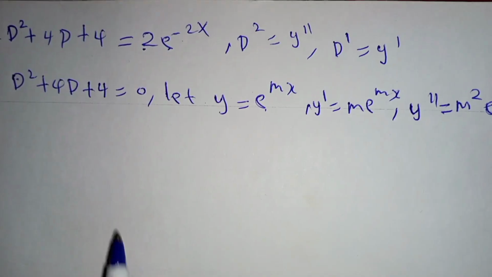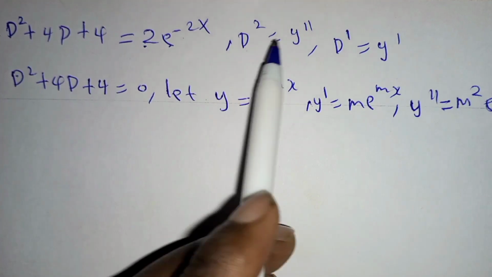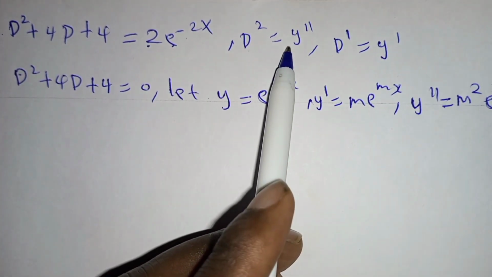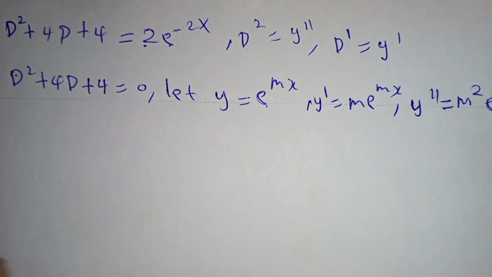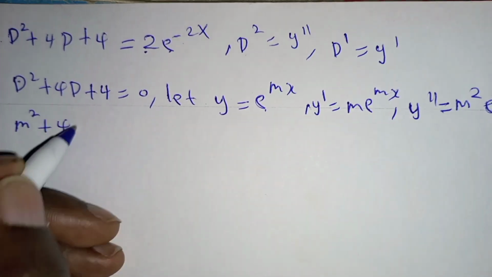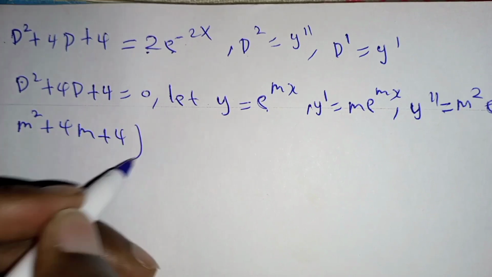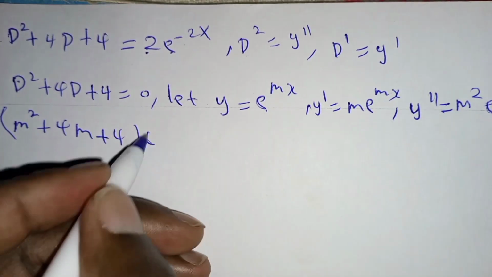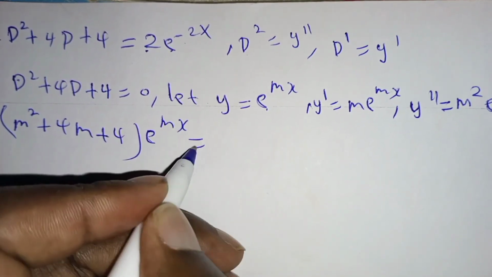Then you substitute the value of D here. Note that D squared is the same as y double prime, so we substitute them here. Instead of D squared, we write m squared plus 4m plus 4, and I have factored out exponential mx. This is equal to 0.